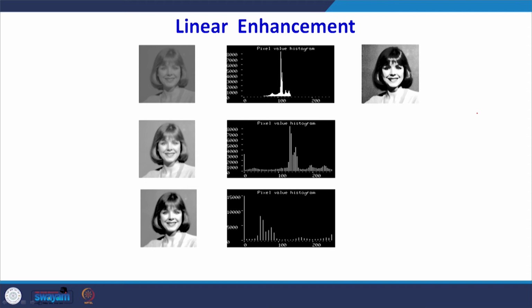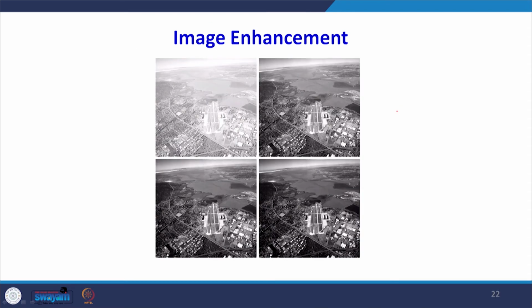This is another example of linear enhancement, where different linear enhancements are done with the original image. This is the original image and this is after the enhancement. One can get very sharp detail and carry out the interpretation from the sharp details.